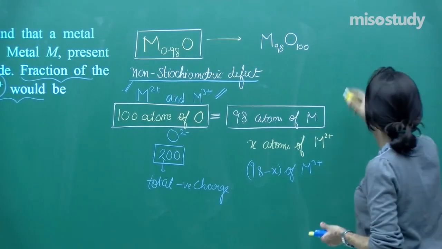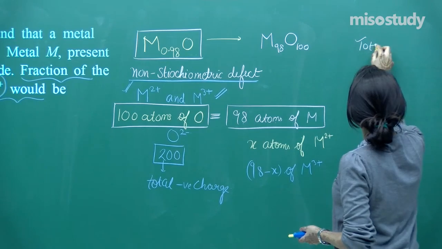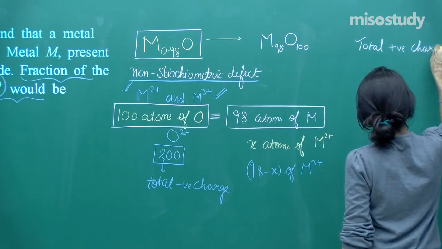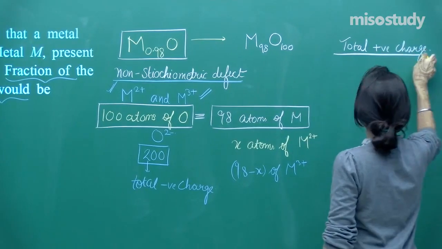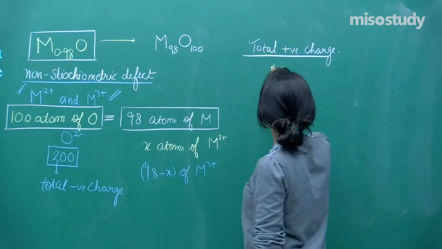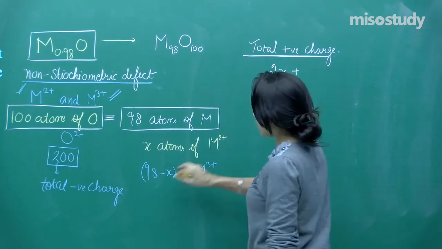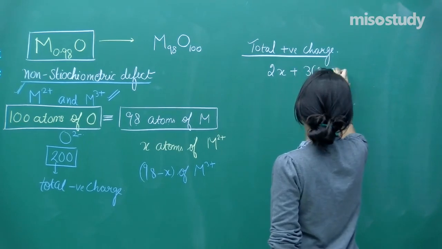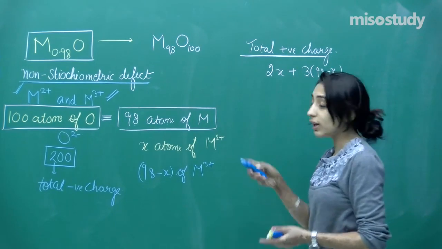So what should be the total positive charge? The total positive charge will be x multiplied by 2, which is 2x, plus 3 charge on 98 minus x atoms. This is the total positive charge.